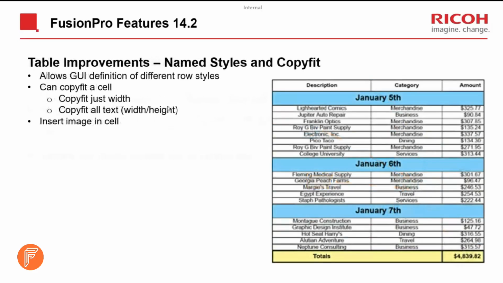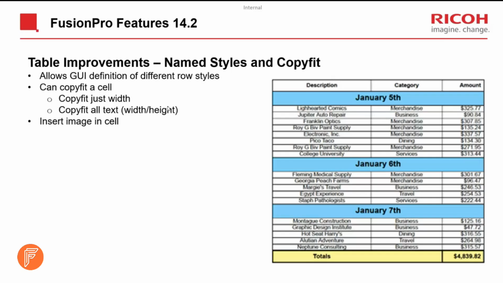Here's a sample output from our table GUI. This is a lot easier to make than back in the day. Like I said, in 14.0, we added a table GUI feature, and we added to it some new components. We added the ability to specify a row and its type, so that here I've got some body rows, and I have some rows that are like dates, and a row that's a total.